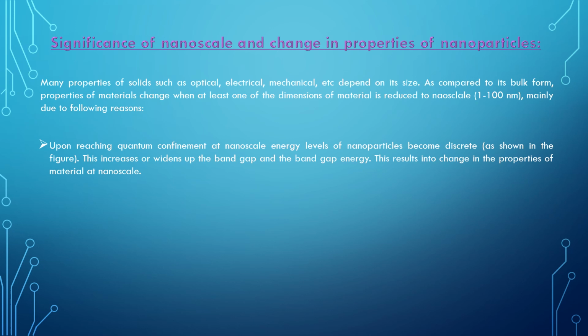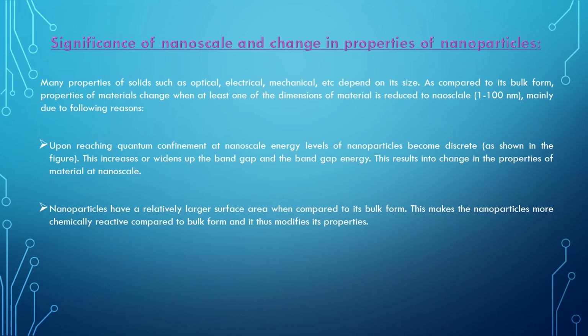In short, when we convert bulk material into nanomaterial, its energy changes and the band gap increases. Due to that, the properties of nanomaterials change from bulk material. Second, nanoparticles have a relatively large surface area compared to bulk form.